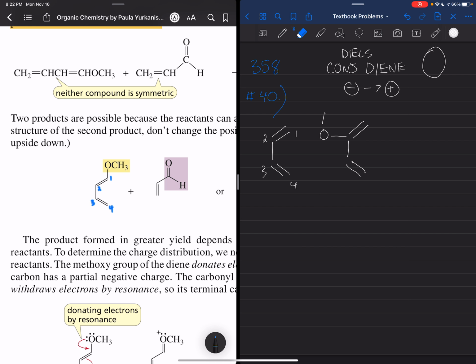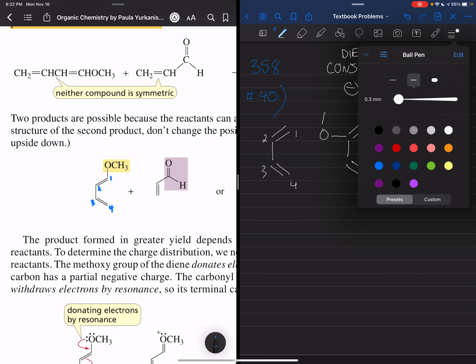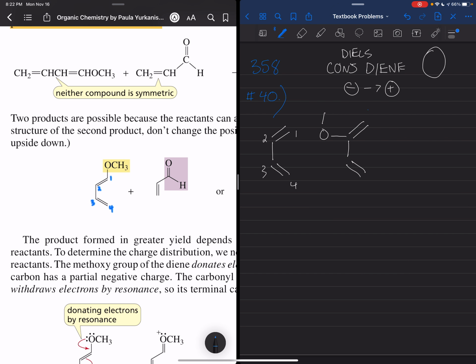Well, it means we're going to get two products. Hooray. The other thing we want to keep in mind, and I'm pretty sure this is a safe assumption to make, is that of our conjugated system, ultimately, we are going to have a double bond located in between our 2 and our 3, okay? And the other double bonds should be eliminated. So let's keep that in mind.